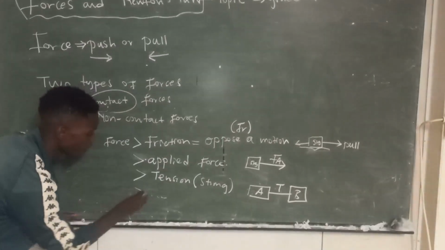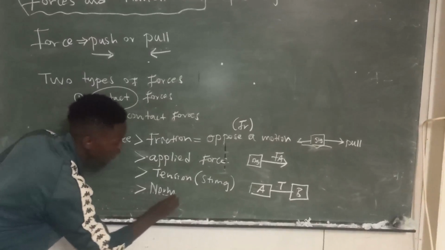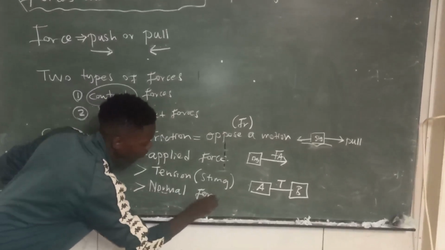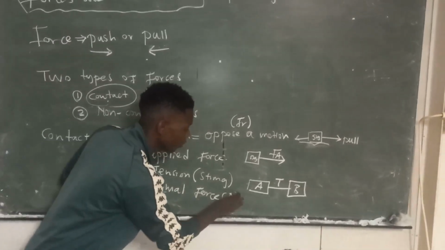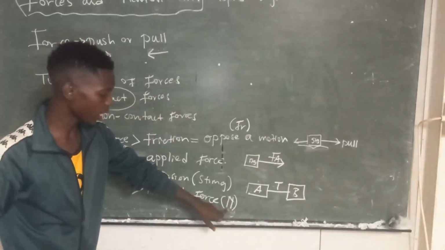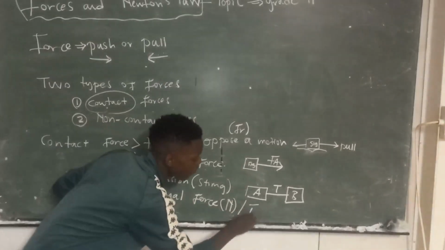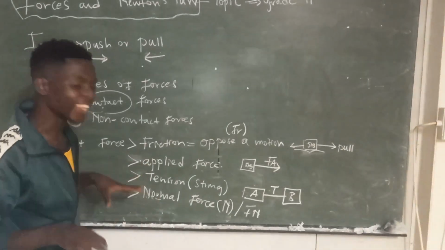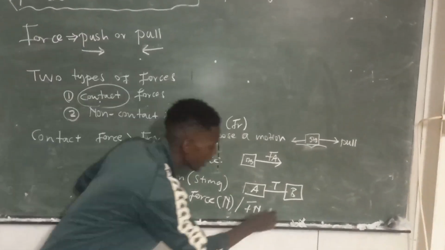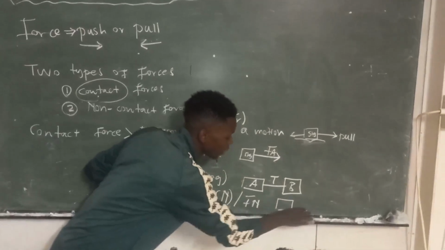We also have a normal force. A normal force is represented by a capital letter N, or Fn. This is a force that acts perpendicular to the surface.